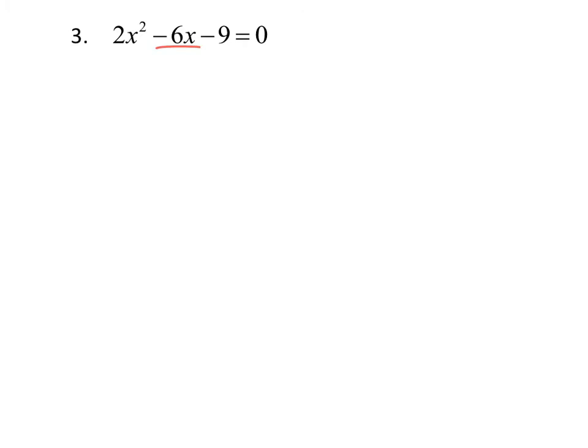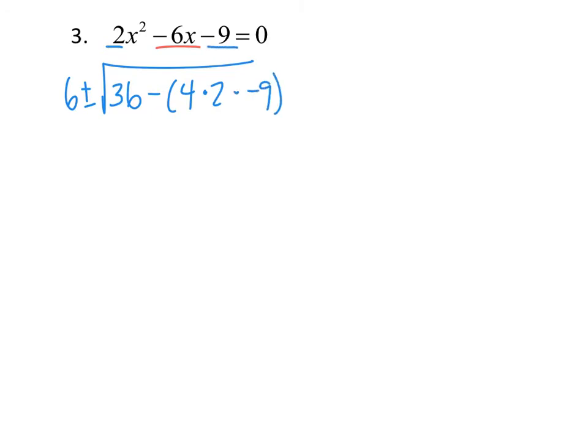So I'm going to start with opposite b, so positive 6 plus or minus the square root of b squared. So 6 squared is 36, minus 4 times a is 2, times c is negative 9, all over 2 times a, and a is 2.